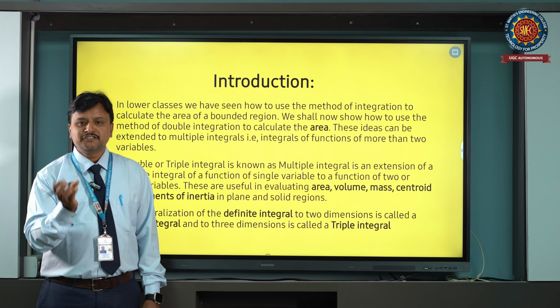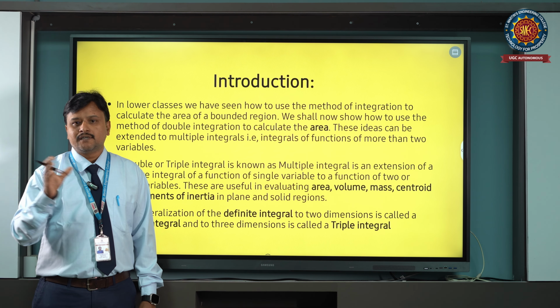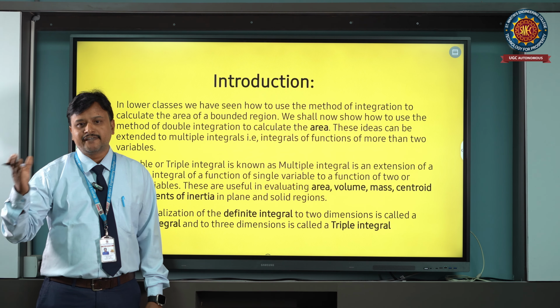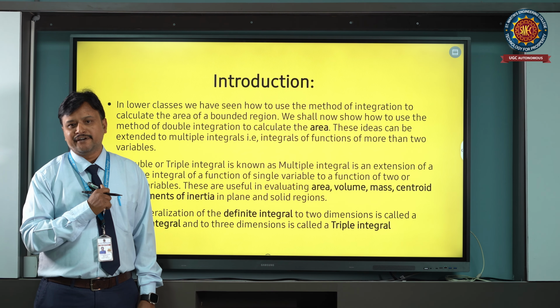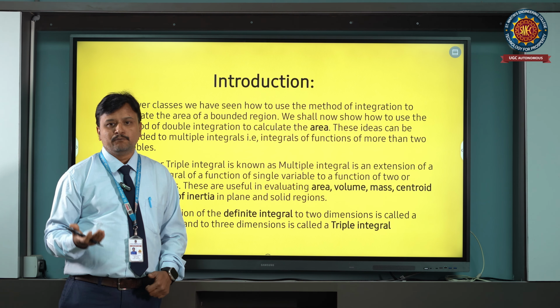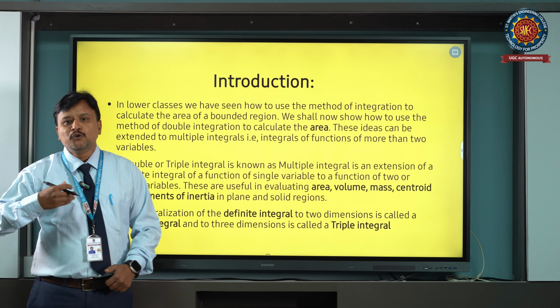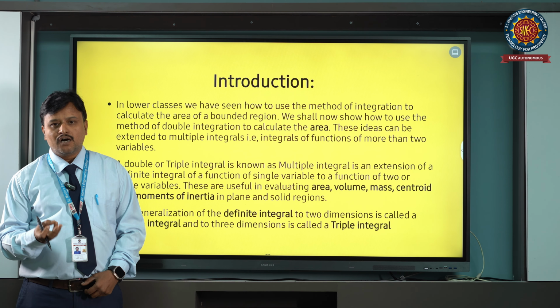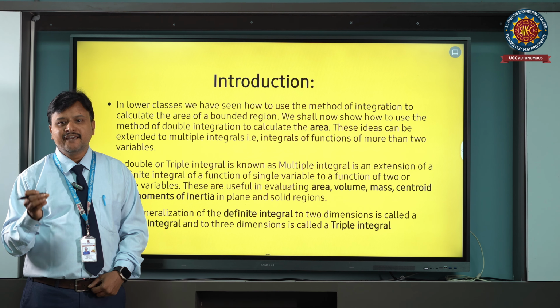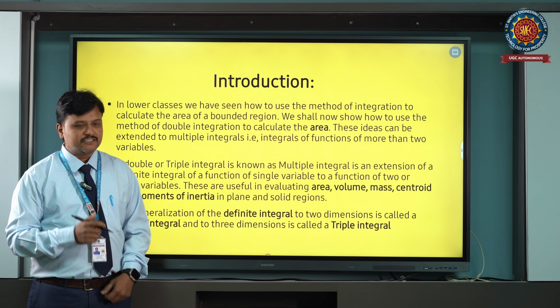The generalization of the integral for two dimensions is called a double integral, and for three dimensions it is called a triple integral. After learning how to evaluate double and triple integrals, we can evaluate areas, volume, center of mass and moment of inertia for a plane and some solid regions.